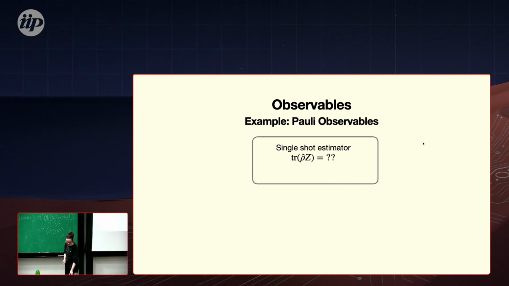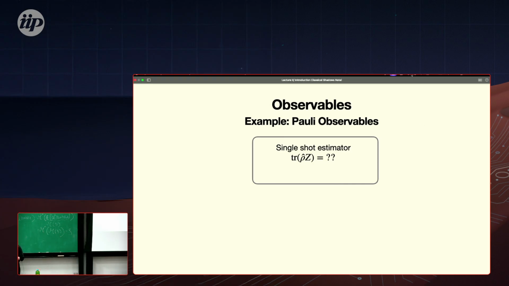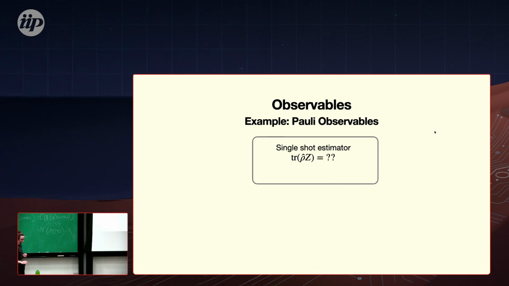And one neat little thing that I want to look at is this expression here. Rho hat is a matrix, Z is a matrix, the trace over that is a number. So why should we write down our snapshot as a matrix if we can look at numbers? And here are some computer scientists, right? It's always nice to have numbers instead of big matrices.